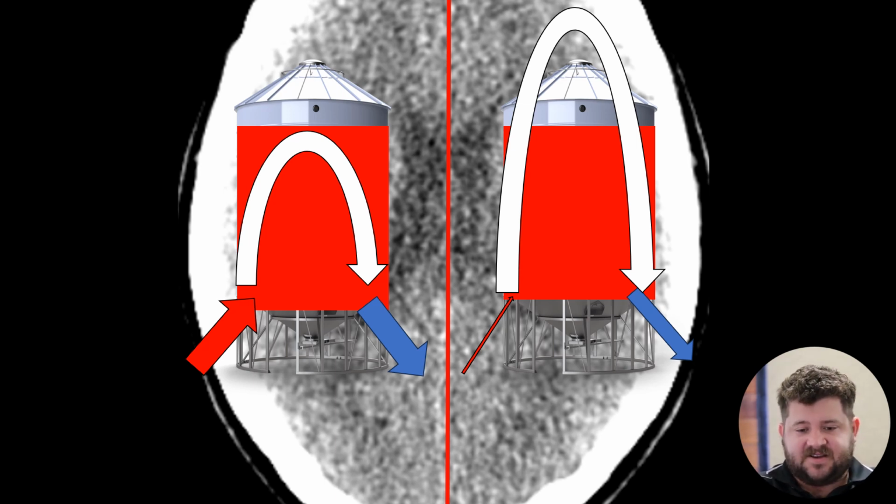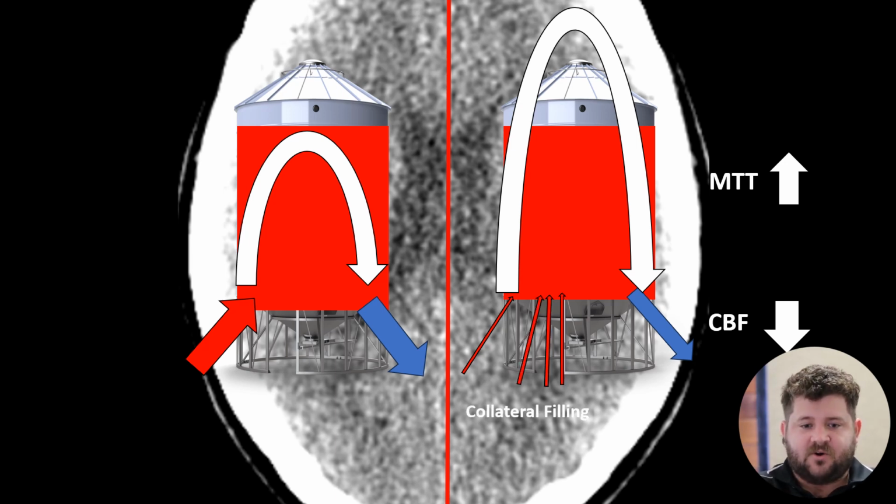So as we can see here on this right-hand side, we've got an increased MTT, and this is congruent with our decreased cerebral blood flow. As we can see between the two here, our cerebral blood volume is pretty much the same. So what this could be an indicator of is collateral filling.